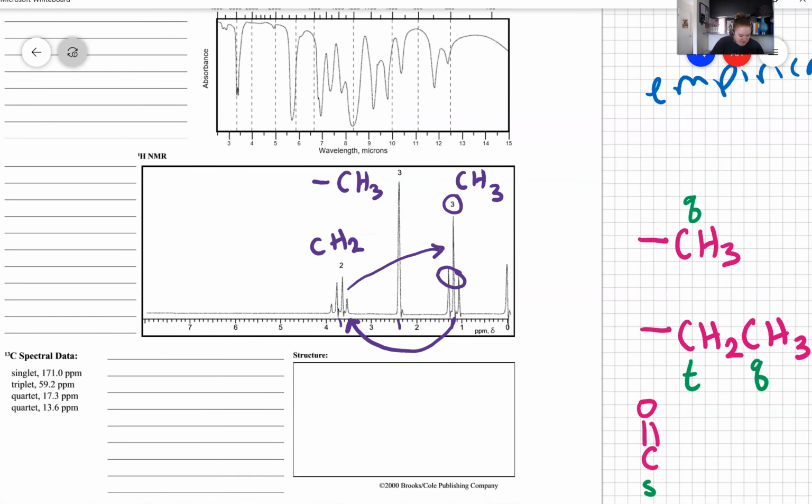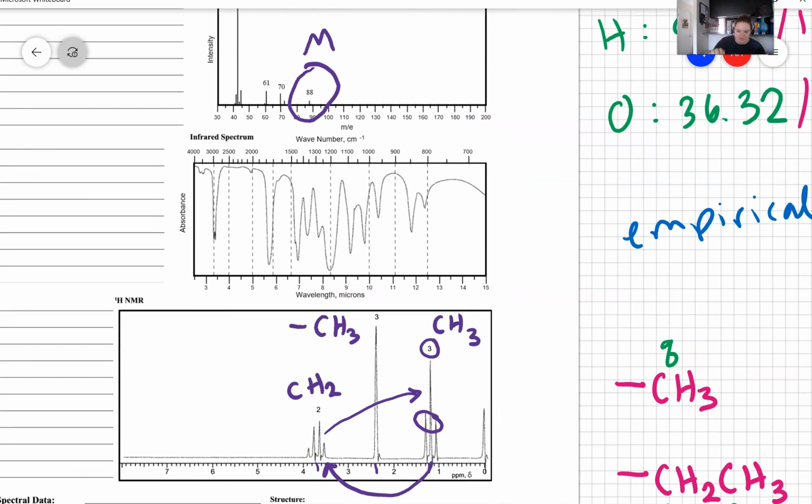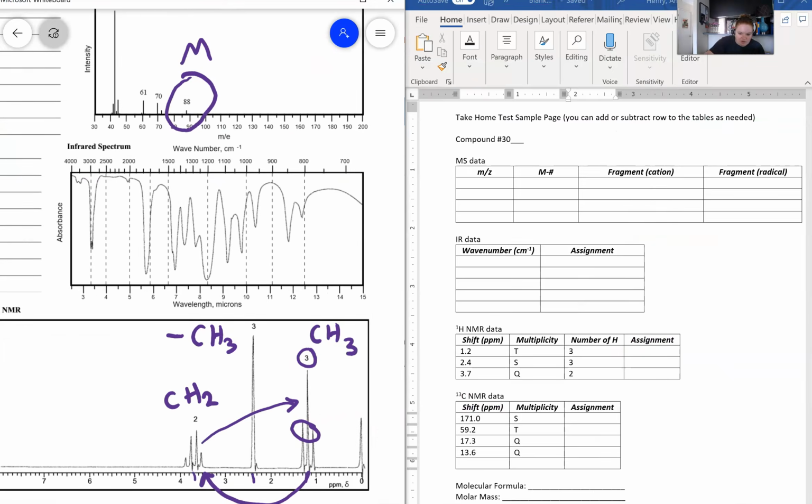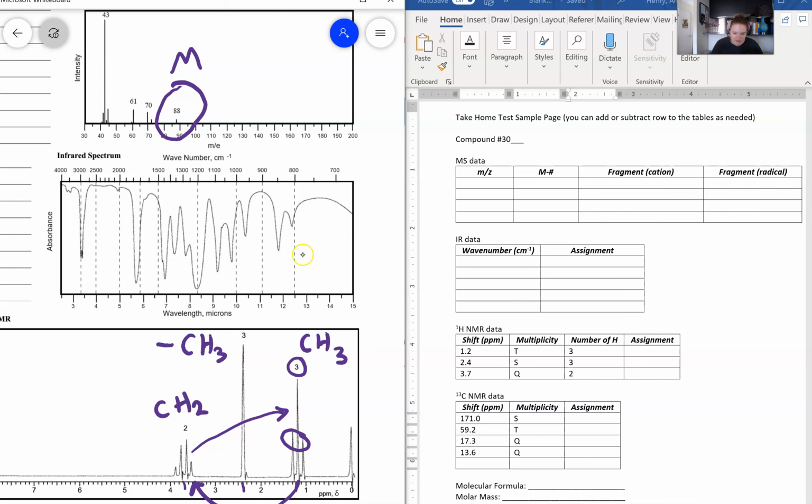So my next stop then is to go look at the IR. And I'm going to do my half screen again here. So as I look at my IR, I want to assign every peak that is 1500 or larger. I have a pretty big peak at about 2900, and you're going to see one there in almost everything because this is just sp3 carbon hydrogen bonds.